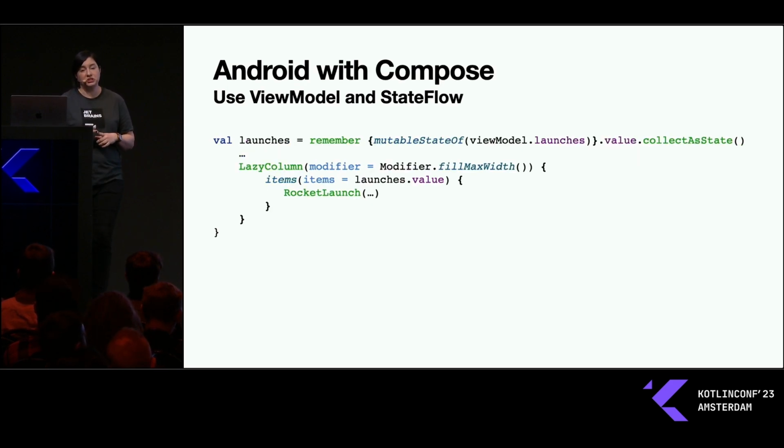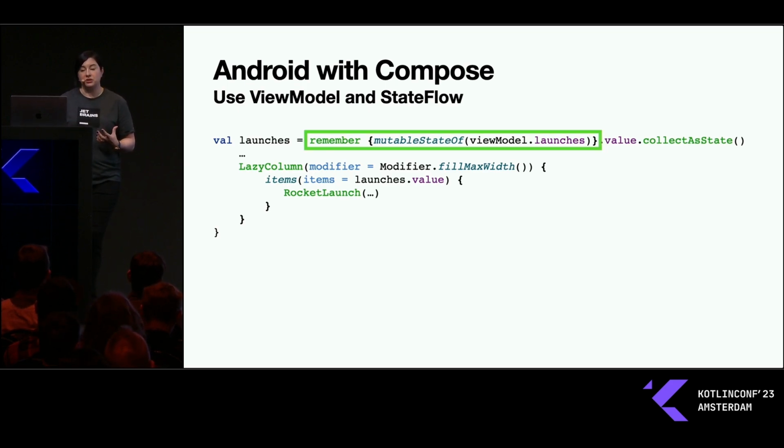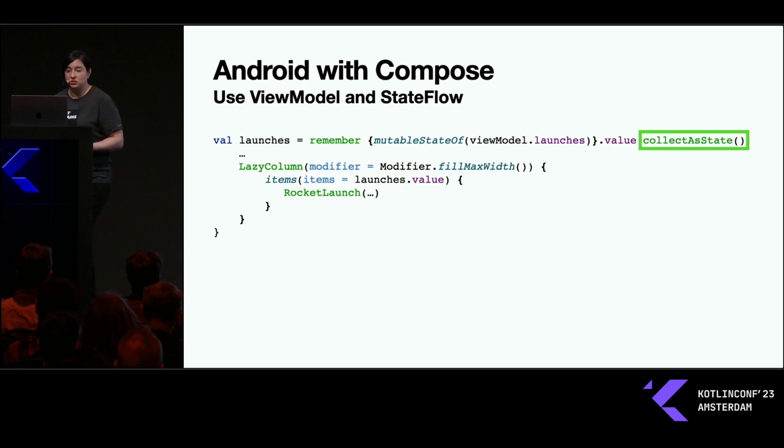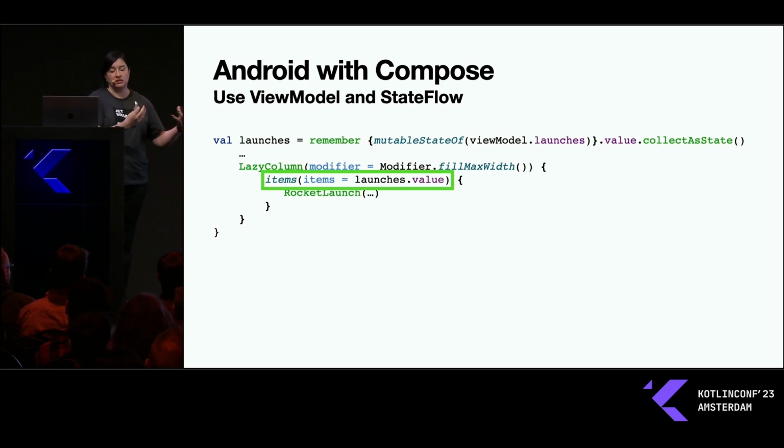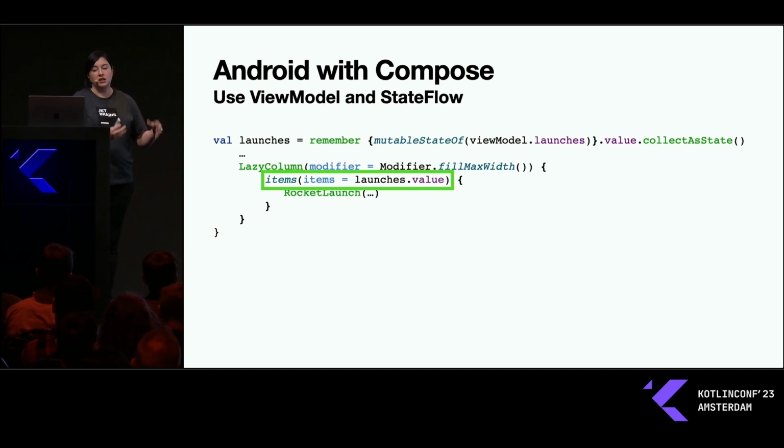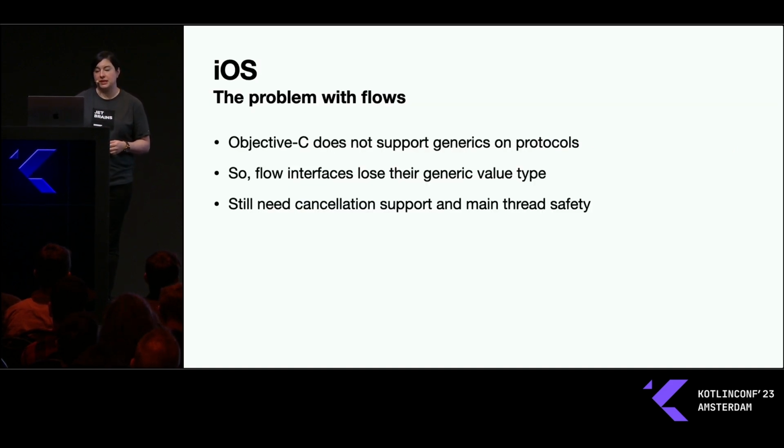But the most important part of the Compose code is that you remember to collectAsState your launches property. And then you obviously have to give it to the LazyColumn that you're displaying. You have to give it as an item to display that nicely.